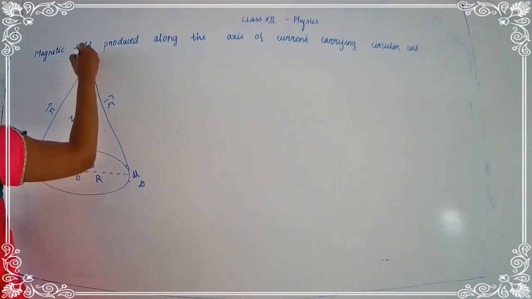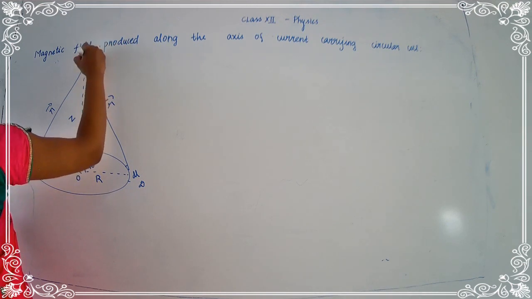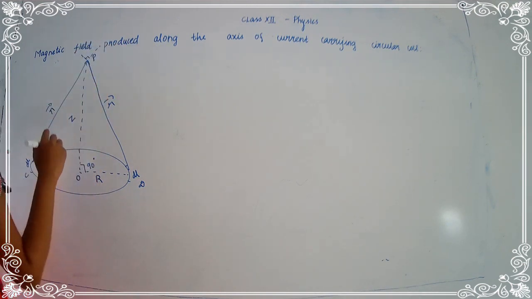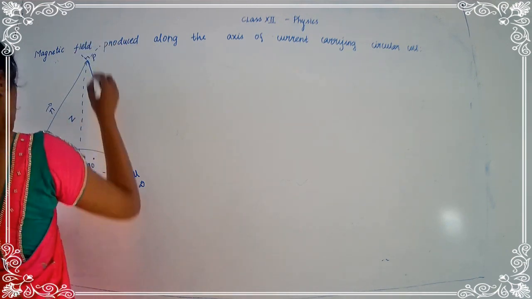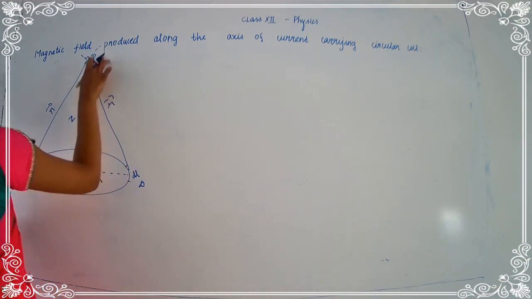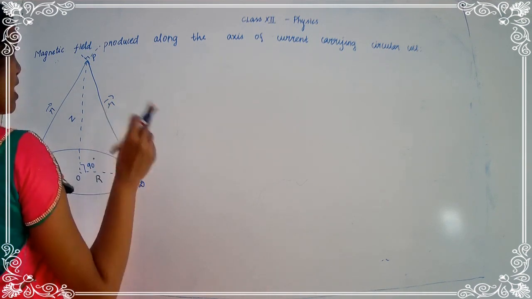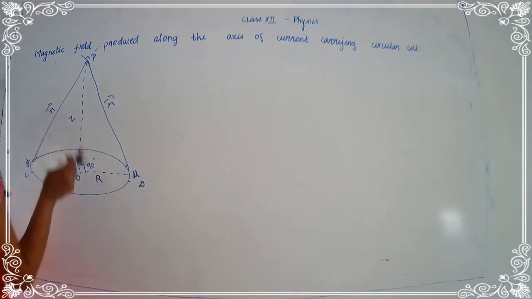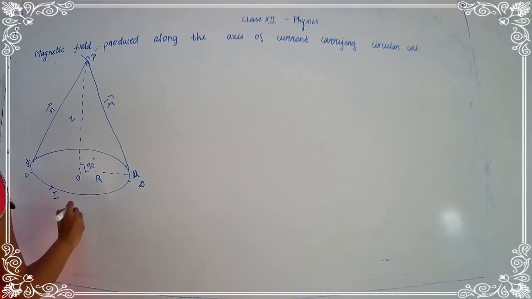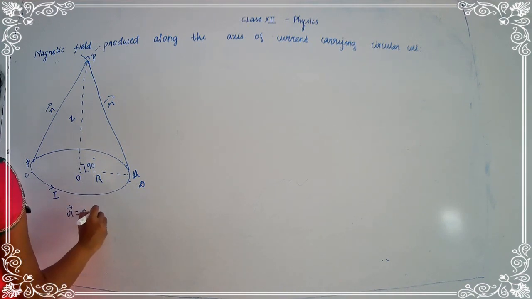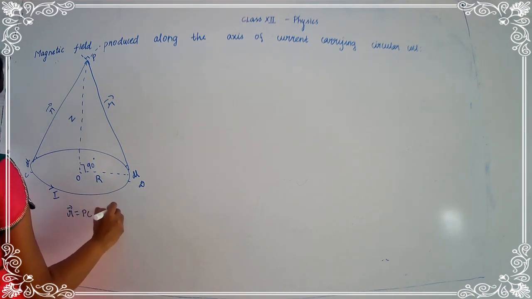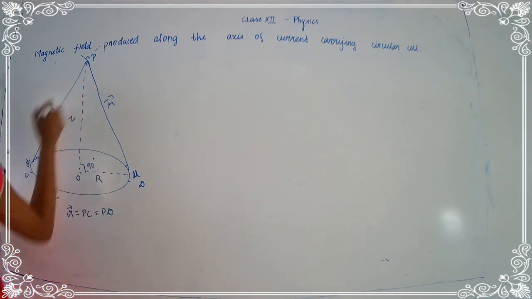Now it goes at 90 degrees. Here only the magnetic field is created. So we are going to find the magnetic field that is produced along the axis of a current carrying circular coil. This is the current. Here R vector is equal to PC and that is equal to PD. PC and PD are the same R vector.